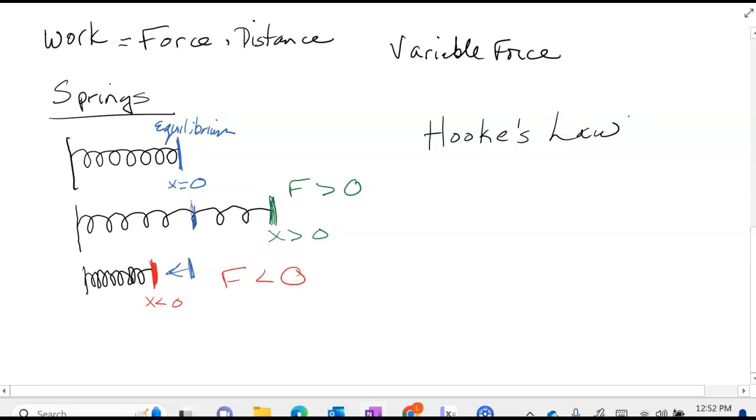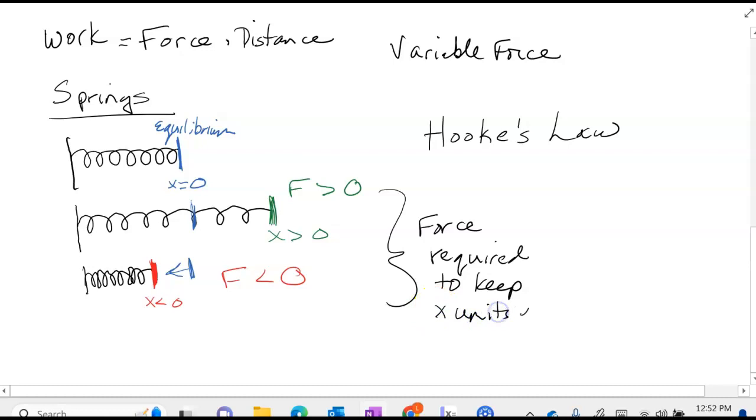And according to Hooke's law, the force required to keep the spring in a compressed or stretched state, X units from equilibrium, that force is equal to some constant times X, F = kX.